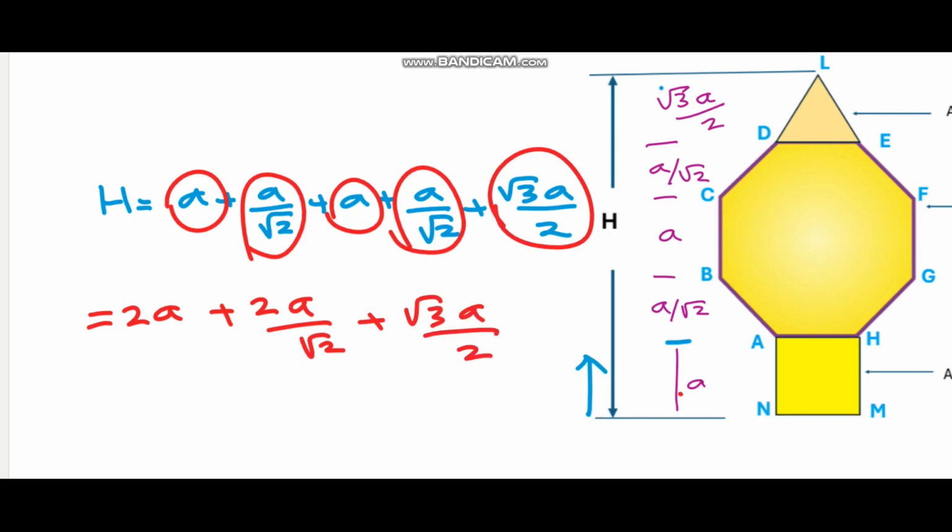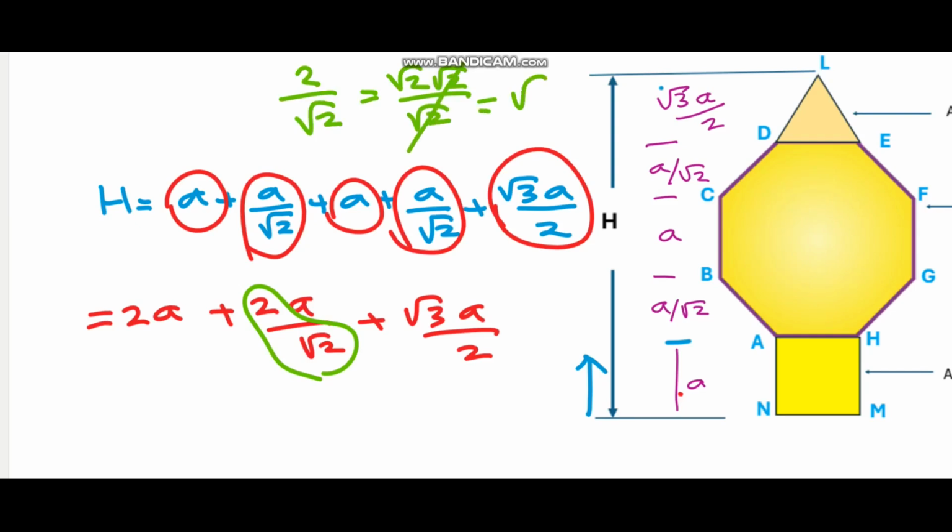Now 2 over root 2 is root 2. 2 is root 2 times root 2, so divide that by root 2, we get root 2. So 2A plus root 2A plus root 3 over 2A.